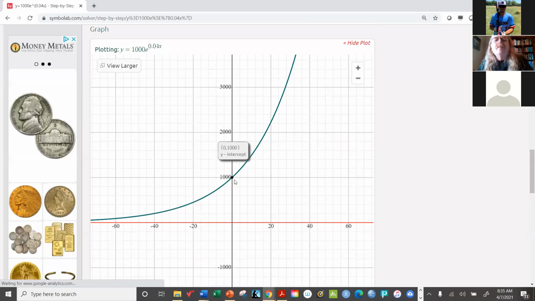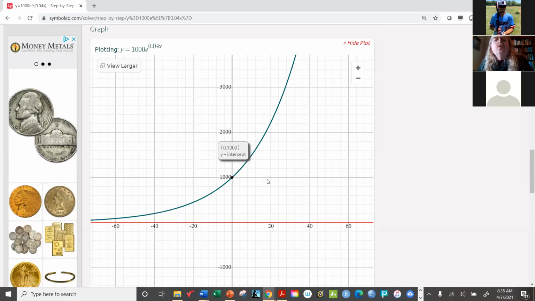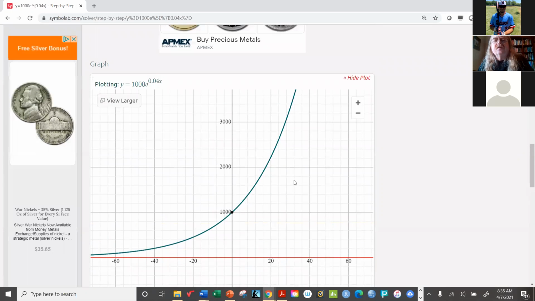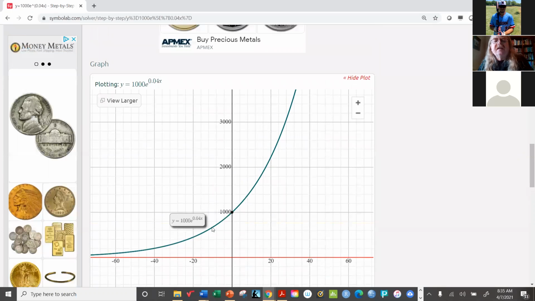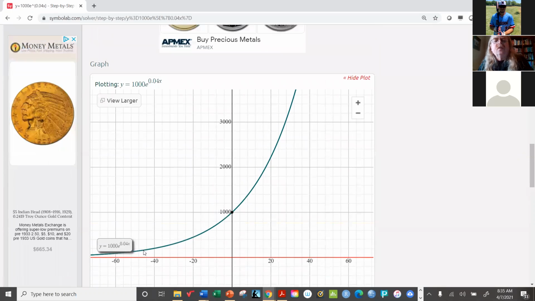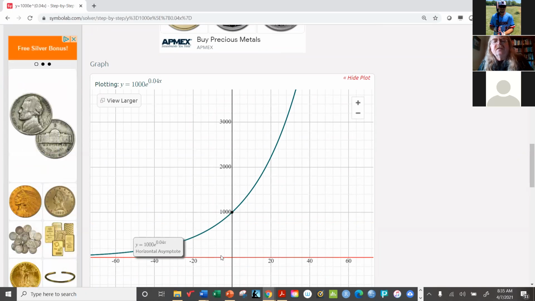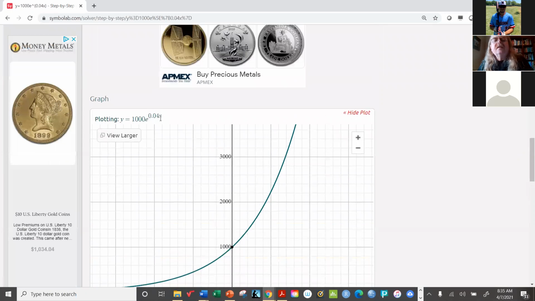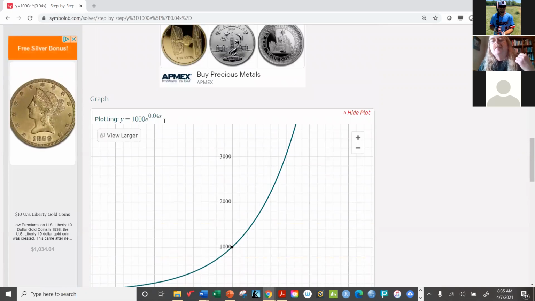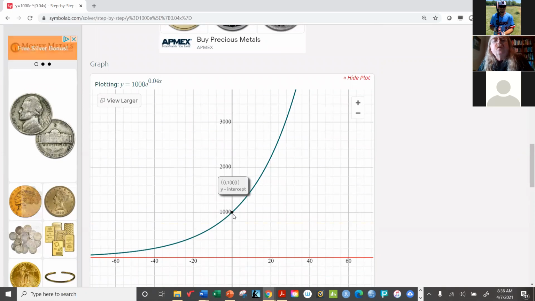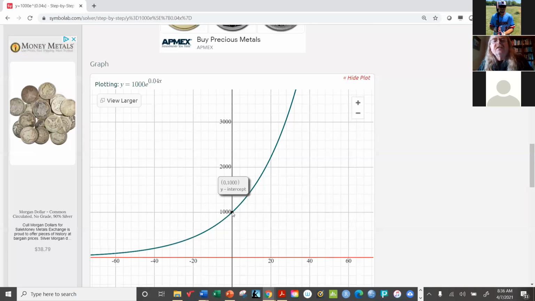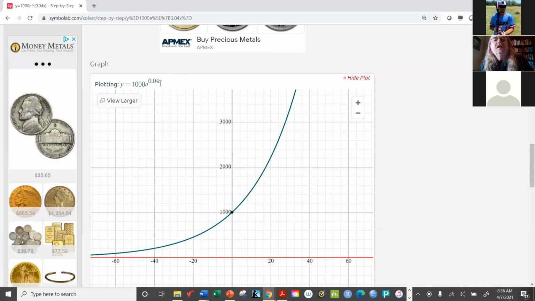So now, because this is money, the one thing you do need to pay attention to here, though, is that because it's money, we can't actually have any values in the second quadrant. In other words, we can't have a negative value of x, because a negative x would mean the past, okay, years in the past. So this is our starting point. At the moment when x equals 0, the time is 0, we start with $1,000.